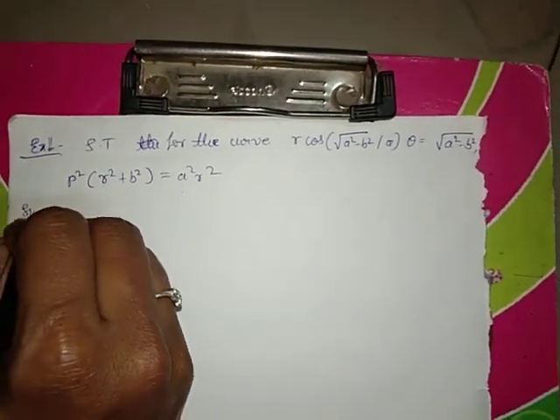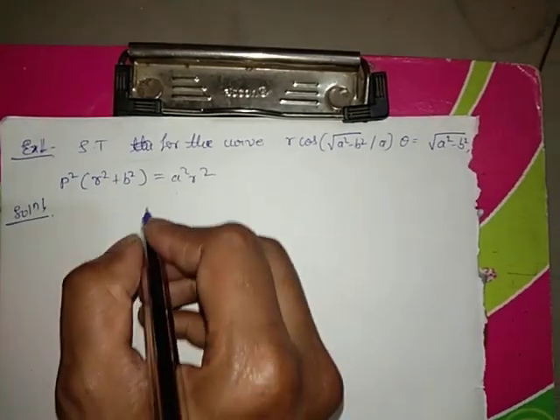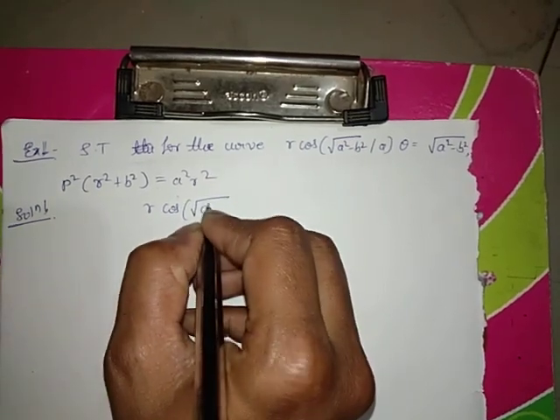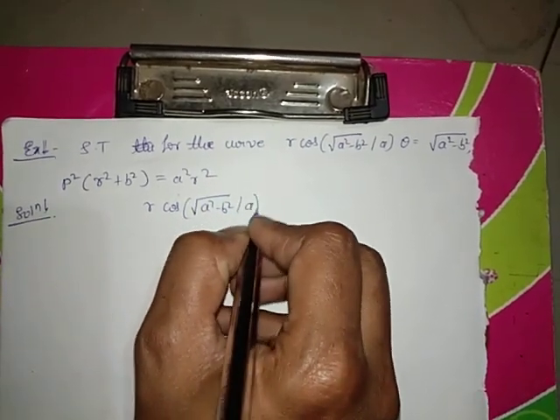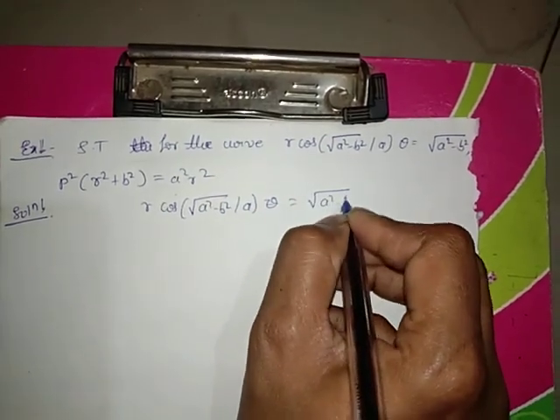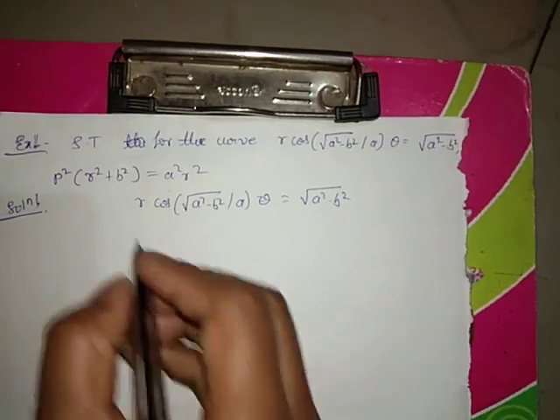So come to the solution here. For the solution of the curve, first consider r into cos of (square root of a square minus b square divided by a) theta equal to square root of a square minus b square. Here for convenience we are taking a substitution.